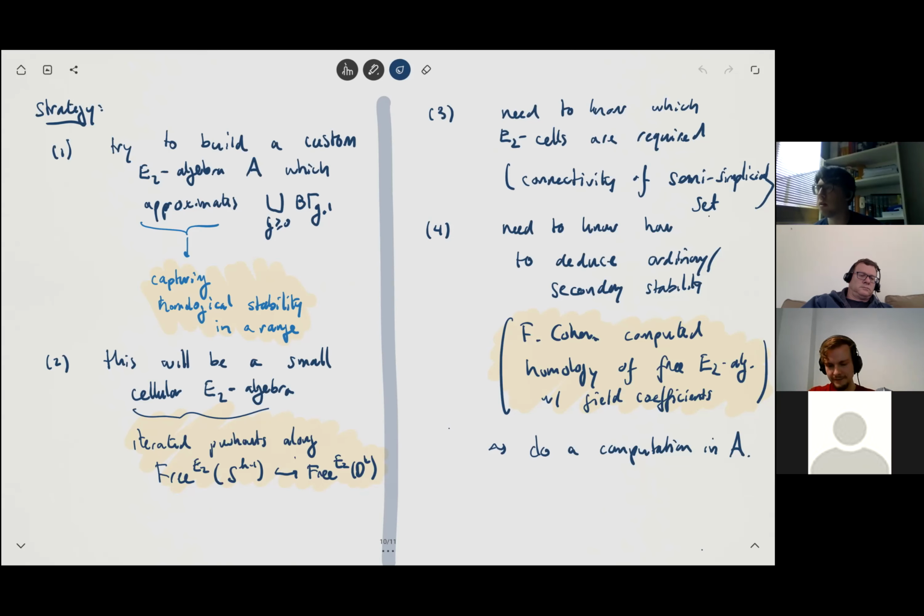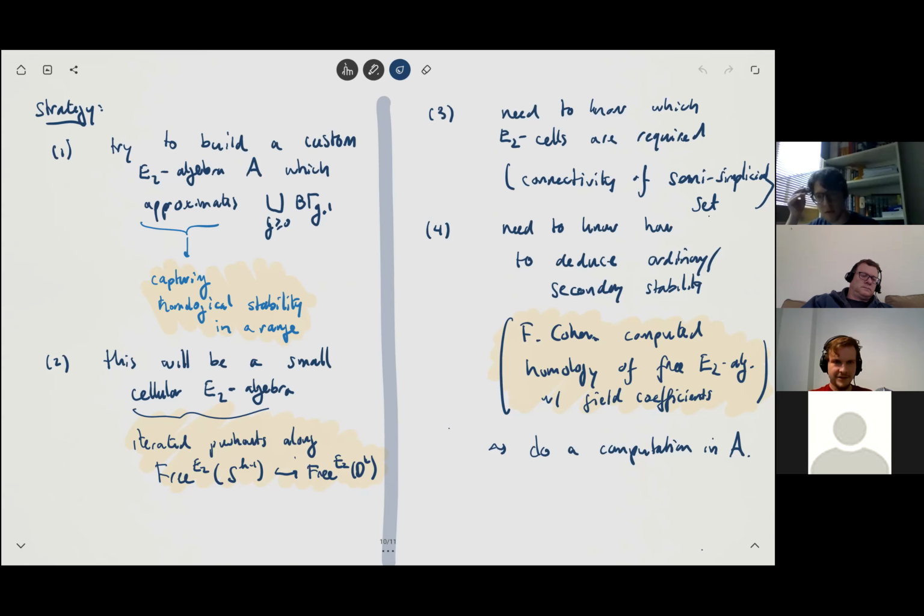So the important thing in building this small model is that it captures all the cells necessary below the slope you're interested in. Well, there's only going to be finitely many cells below that slope, at least if the slope is at most 1, by that connectivity result of the semi-simplicial set.